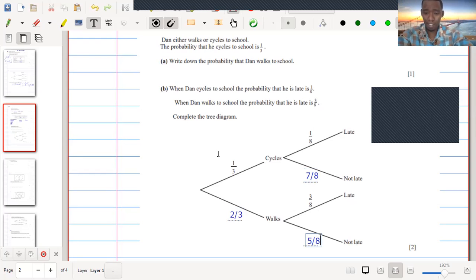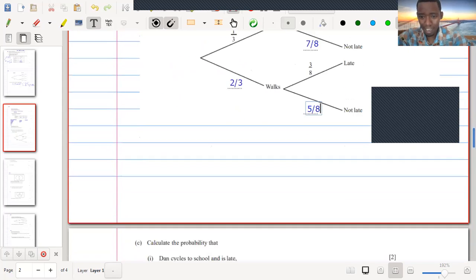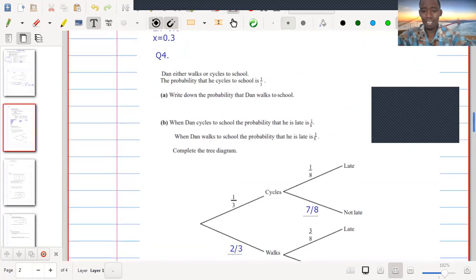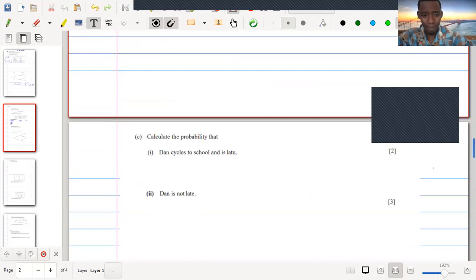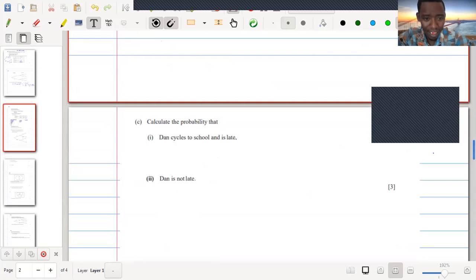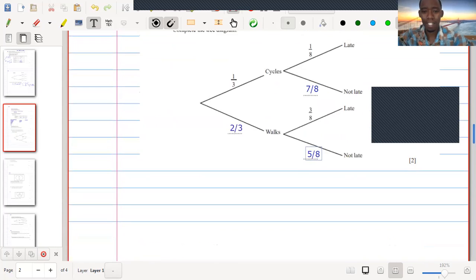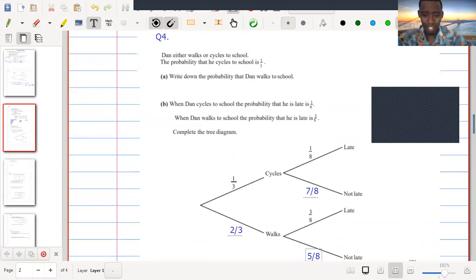So next is to just answer the questions. The first question says, calculate the probability that Dan cycles to school and is late. Cycles to school and is late. It's this branch here. And remember, I told you, along the branch, you multiply probabilities.